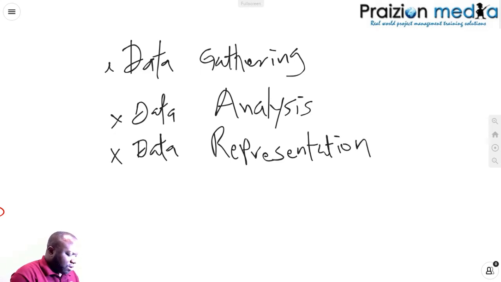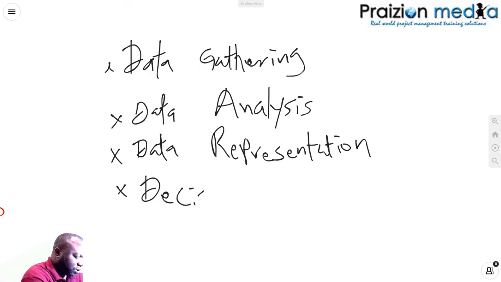See? And each of these has some significant number of tools and techniques under each one. After you represent the data, what could you do next? You could make a decision based on that data. So we've got decision making techniques.